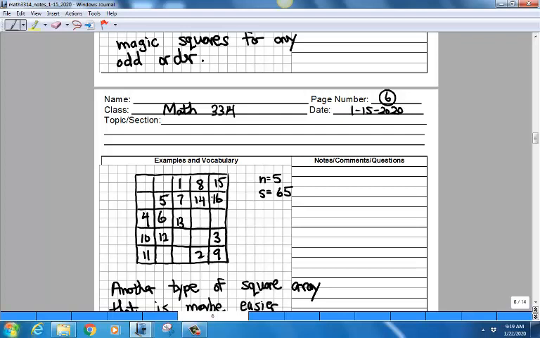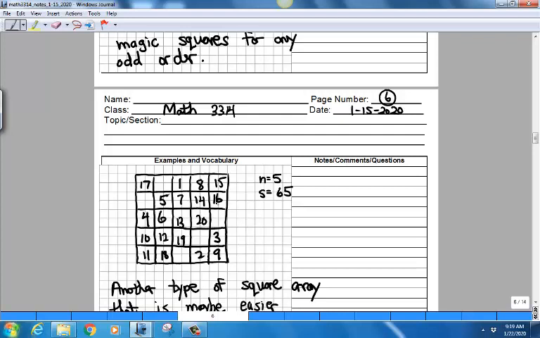Now, where does the 17 go? Right there, correct. Now, where does the 18 go? Here, because I would treat this row as though it were the top row. So the 18 goes here, 19, 20.